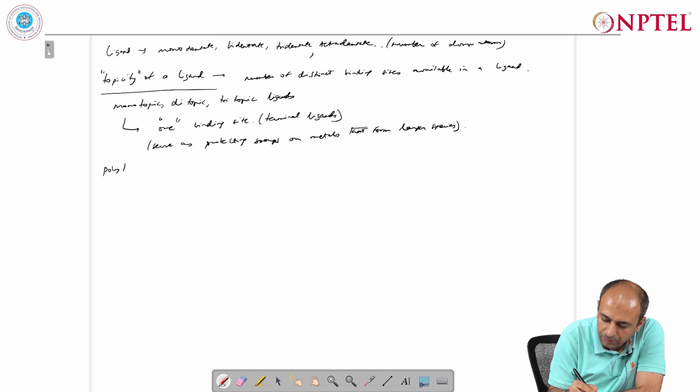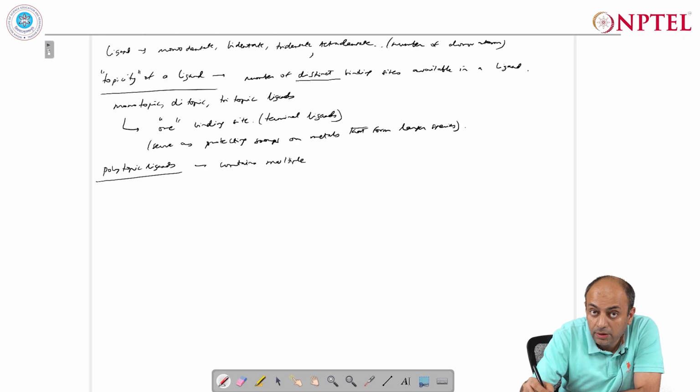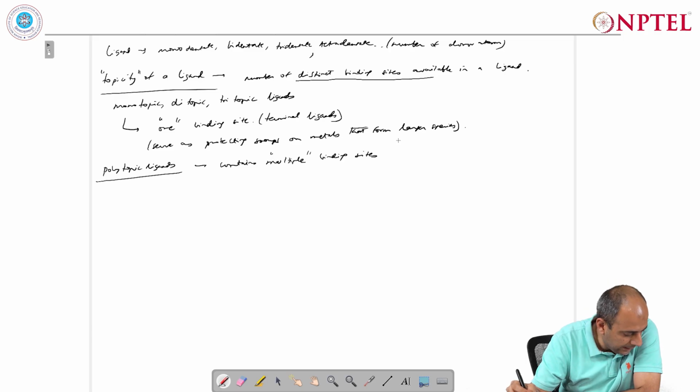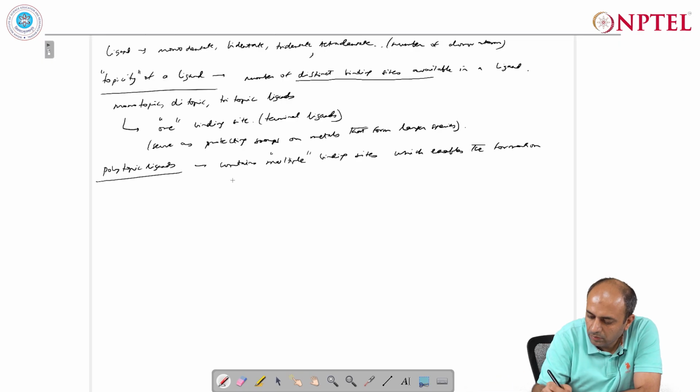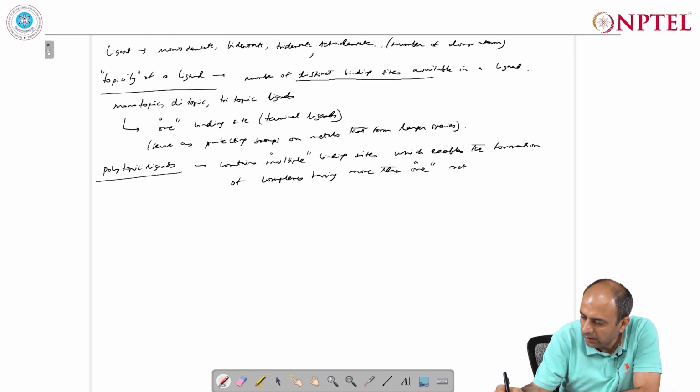Then we can have polytopic ligands, which contain multiple binding sites, the number of distinct binding sites available in the ligand, which enables the formation of complexes having more than one metal center.